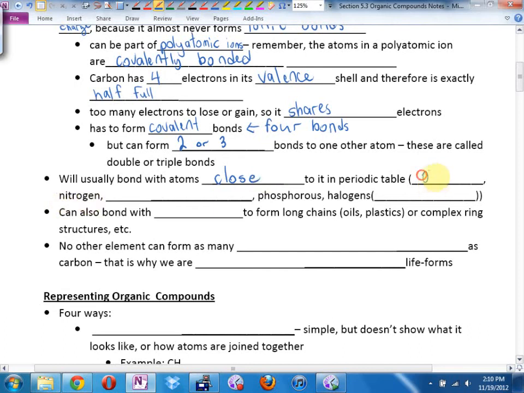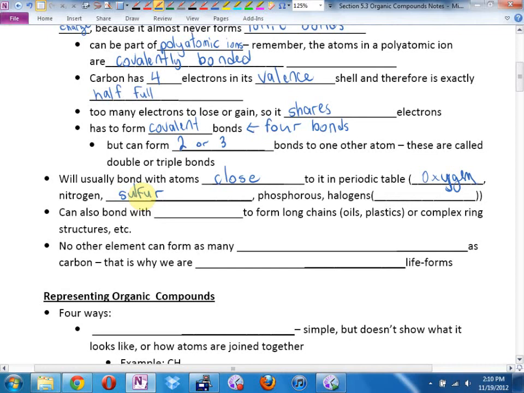It really likes oxygen. Nitrogen it likes an awful lot. Sulfur. Sulfur. The bond with phosphorus.